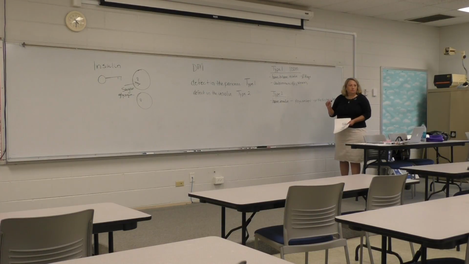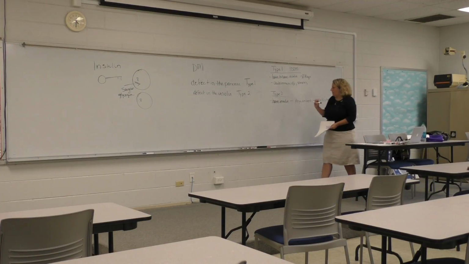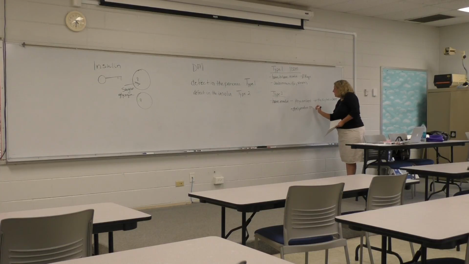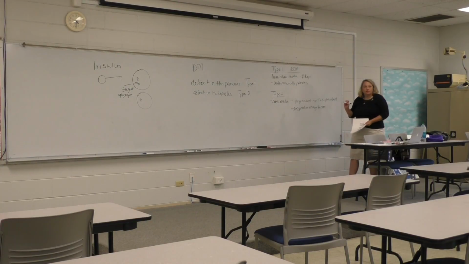Don't they also produce the insulin, but it'll be not enough in some cases as well? Yes. So they can also have insulin, but they don't produce enough to cover what they've eaten, in a sense. Does that make sense?